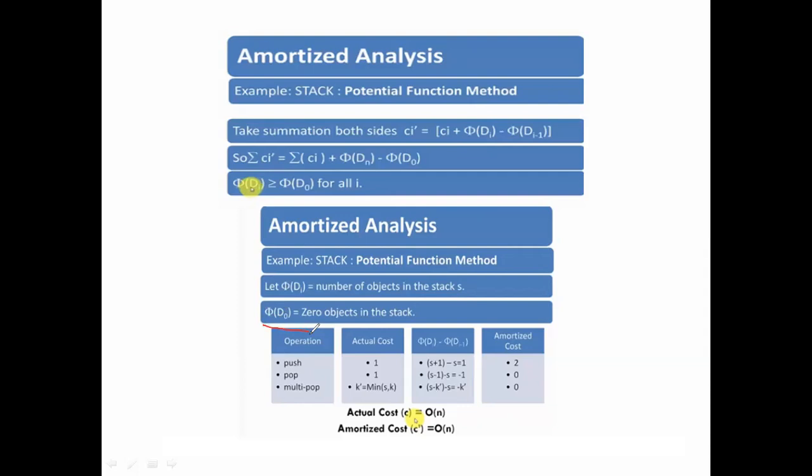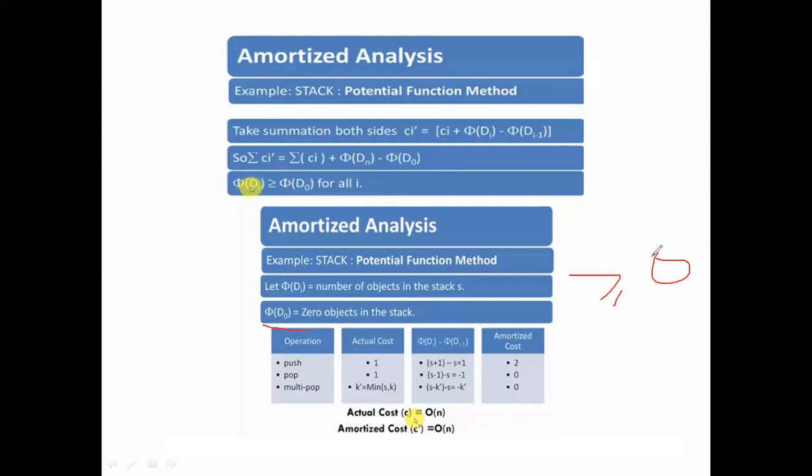Because there are no items in the stack initially, for all future operations phi of Di is always greater than or equal to 0. If D0 is 0, then it is empty. There cannot be a negative number of items in the stack.